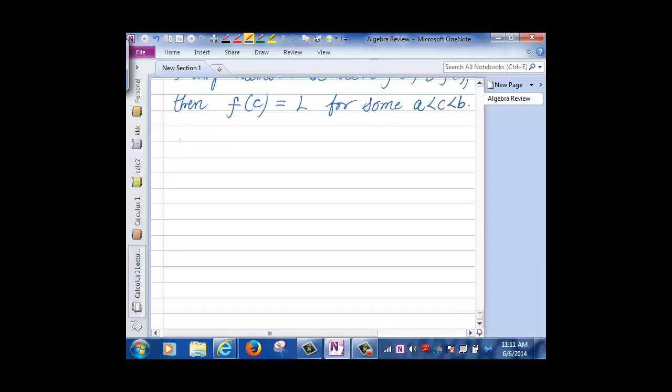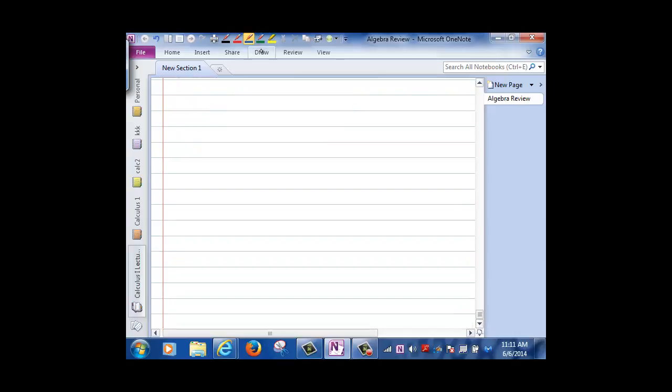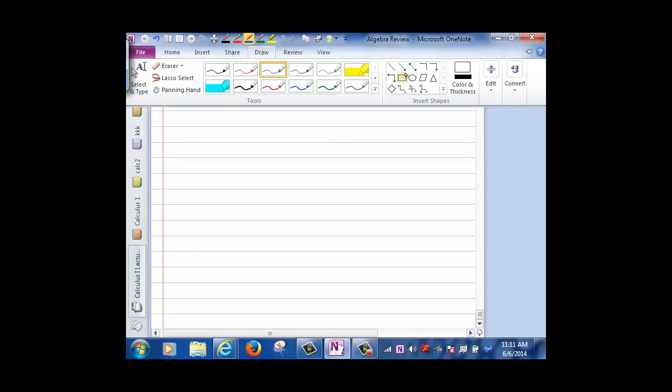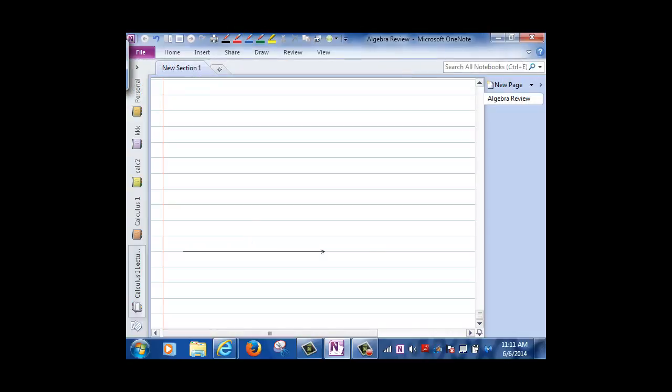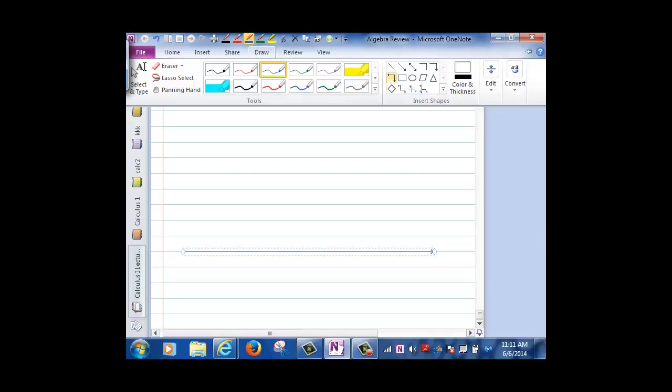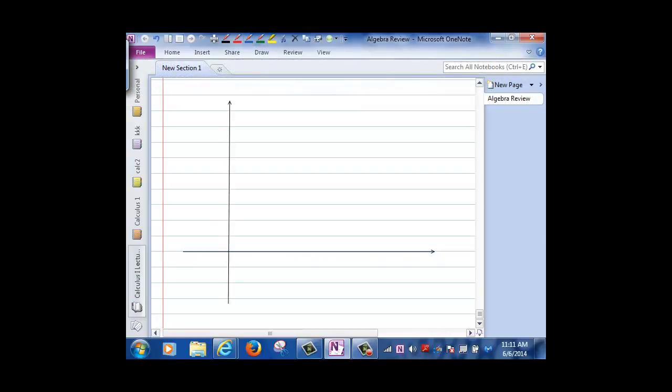Now, let me give you an example of what this is saying. Let's draw my x-axis here, and my y-axis. Let's say I have the graph of a function which looks like this. Okay. So let's say here is B and here is where I have A. Right?